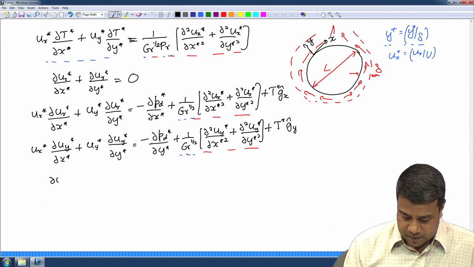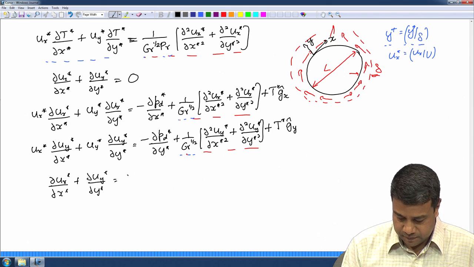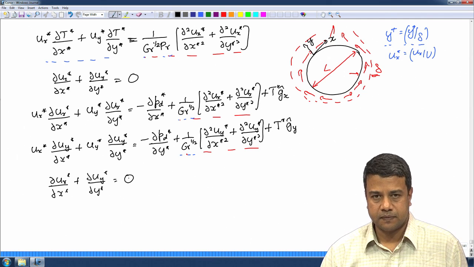Partial ux star by partial x star plus partial uy star by partial y star equals 0.